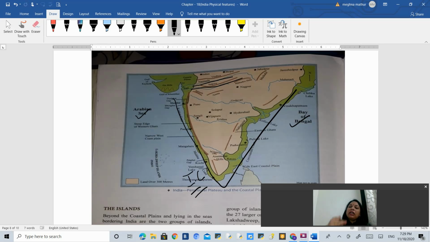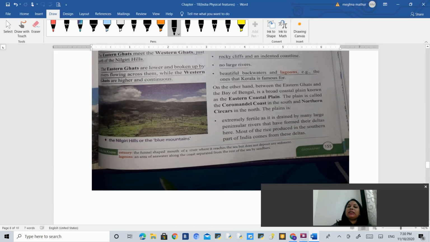The area above the Narmada and Tapti rivers is called the Central Highlands, and the area below the Narmada and Tapi rivers is called the Deccan Plateau, or Deccan. So the whole plateau is divided into two parts. The above part is called the Central Highlands, and the lower part is called the Deccan Plateau.